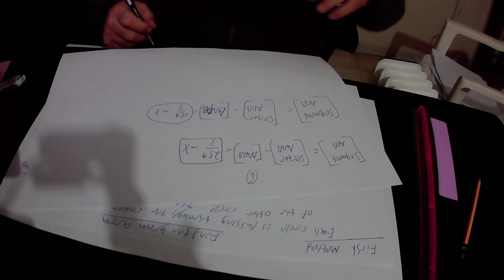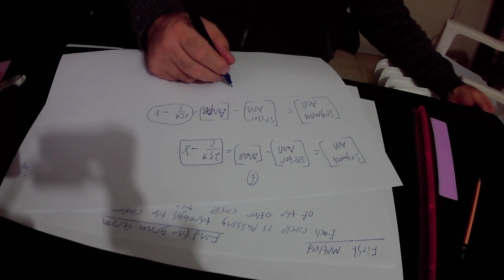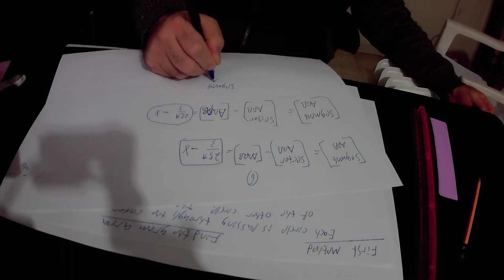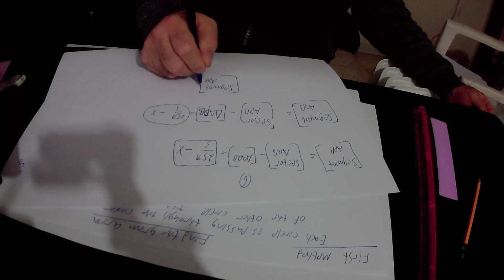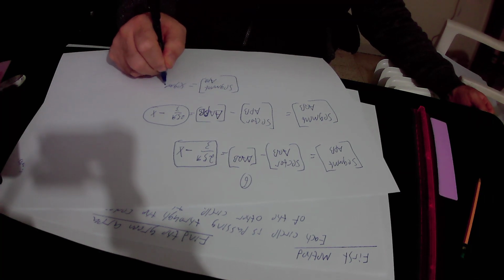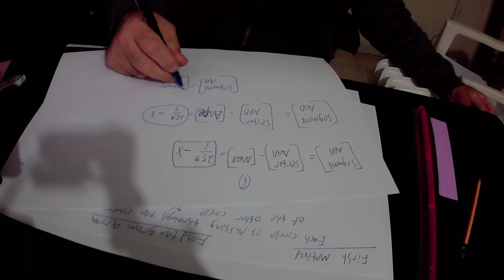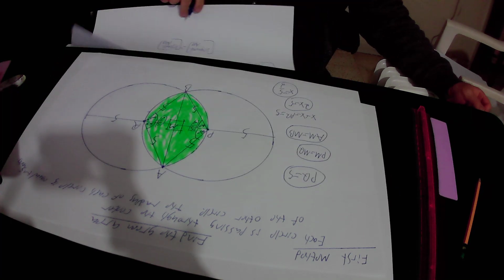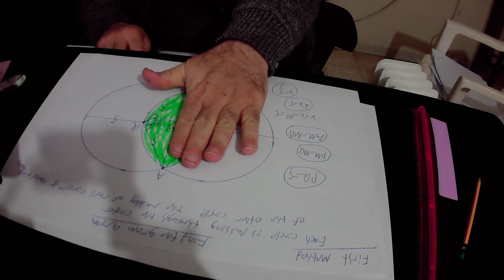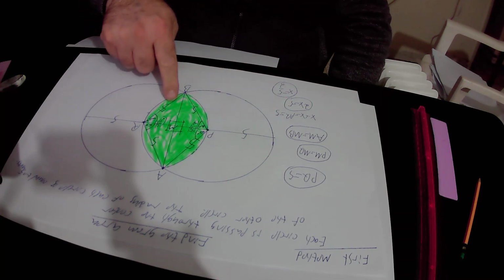So we can conclude from those two lines that the area of segment APB is equal to the area of segment AQB, this segment equals this segment.